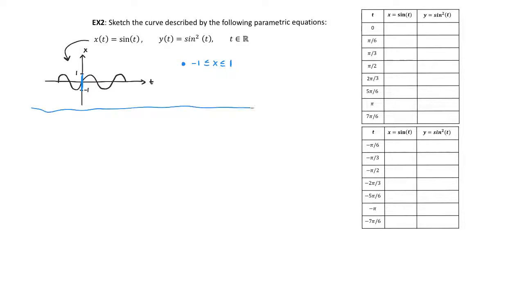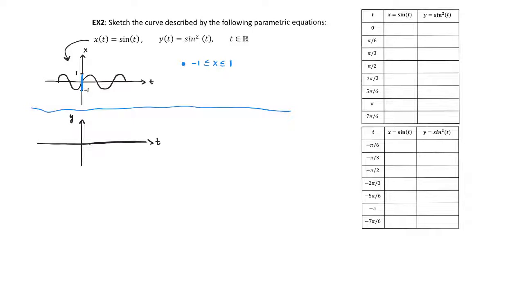Now, doing the same thing for y. We will have the regular plane. Here we're going to have t. Here we're going to have y. And because you notice here that sine is being squared, practically everything that is below the x-axis is going to be reflected upwards.